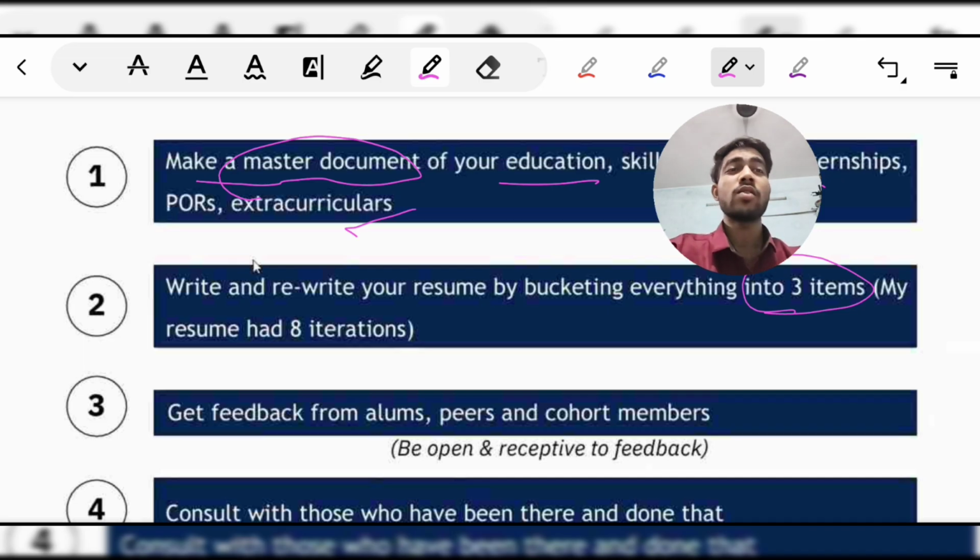Suppose I talk about my CV from when I was in the beginning. I had a very small CV, but after 2 years of work experience, I went through CV waiting cycles from the placement cells. I had to submit 8 to 9 times. For the number of placement cells, they made corrections on each and every thing.